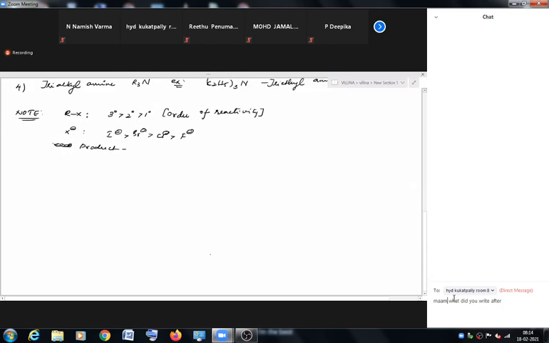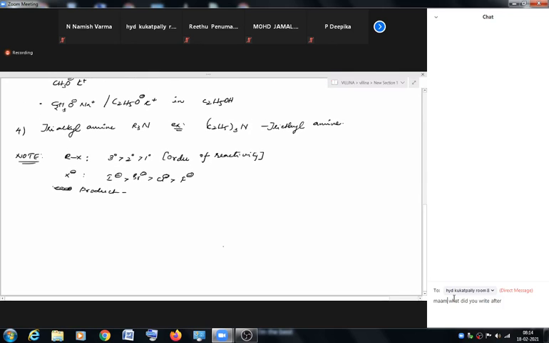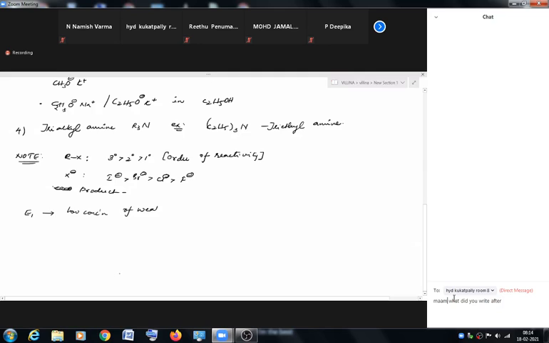When it comes to E1 or E2 mechanism, it entirely depends upon the base. If the reaction proceeds through the E1 mechanism, you require only a low concentration of weak base. Here temperature is not that much of a factor. Even at room temperature, the reaction will move forward. Here everything is dependent on the stability of the carbocation, because that is our reaction intermediate.